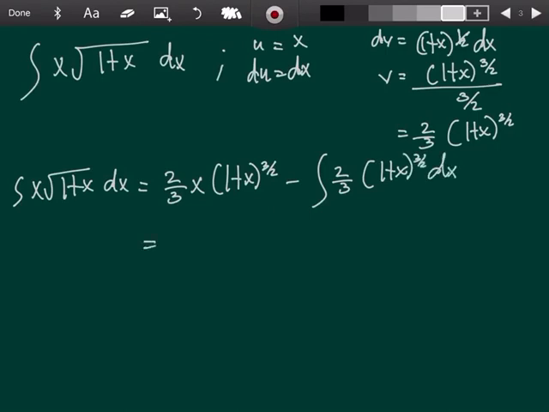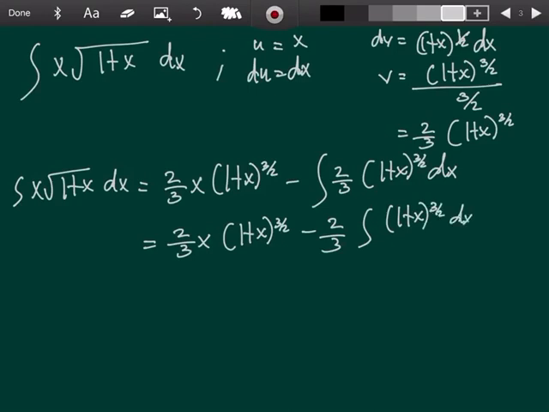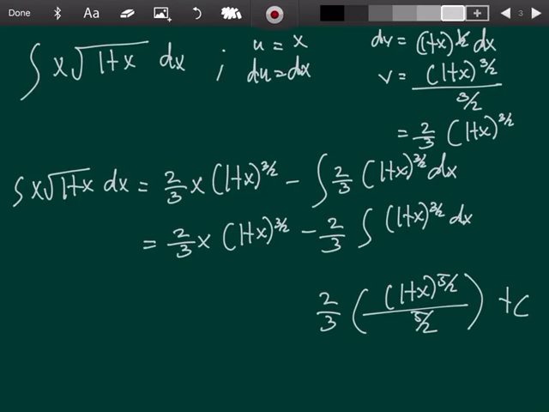Okay, so 2/3 x (1 plus x) raised to 3/2, ilabas natin yung 2/3, integral of (1 plus x) raised to 3/2 dx. Ano yan? That is what? 2/3 (1 plus x) raised to 5/2 over 5/2. Tama? Plus c.